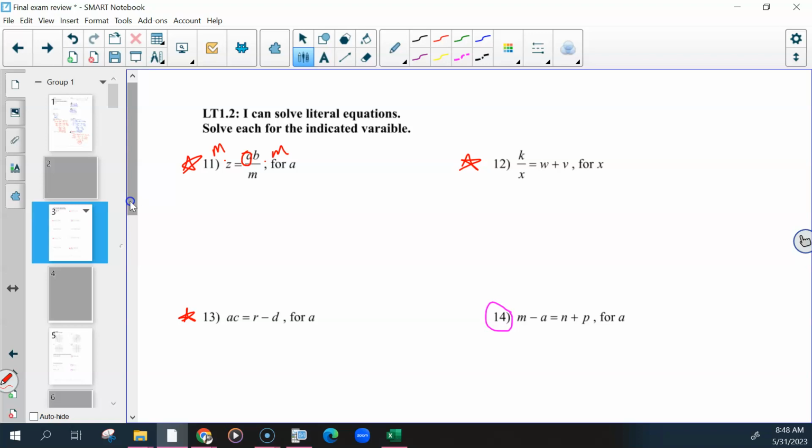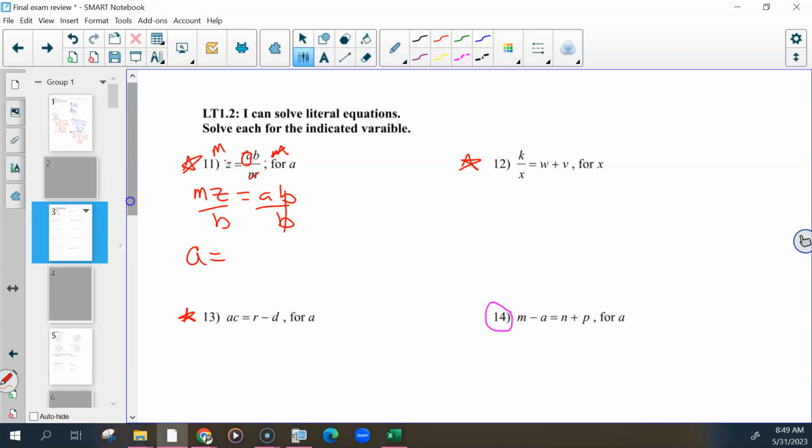So remember, in this case, you're still going to have the variables. They don't just disappear. On one side, they may disappear, but they're still on the other side. So we have MZ equals AB. Now, if we were solving this like a regular problem, how would we get A by itself? So again, they disappear on this side, but it's still on this side.